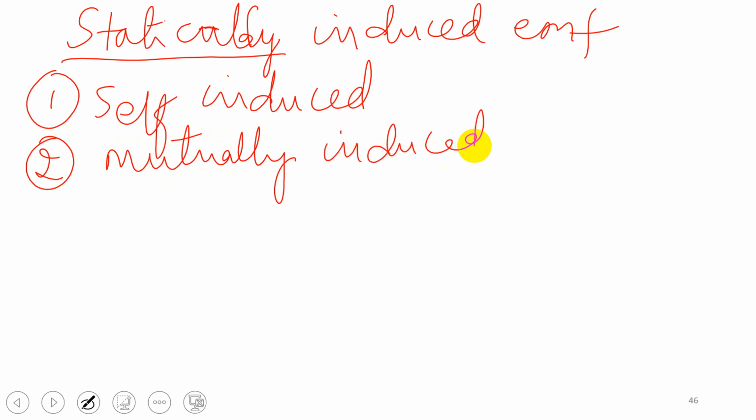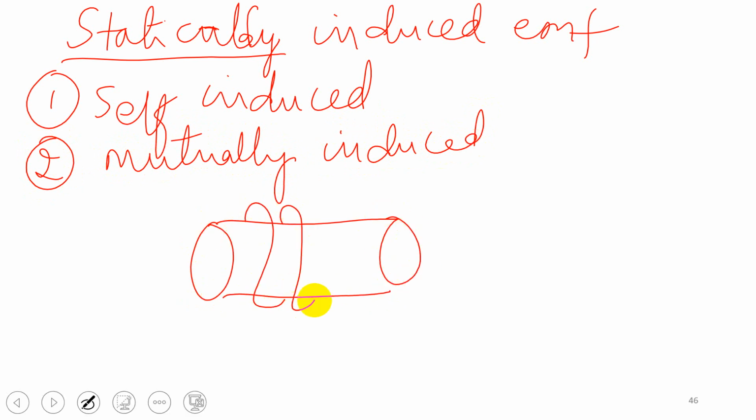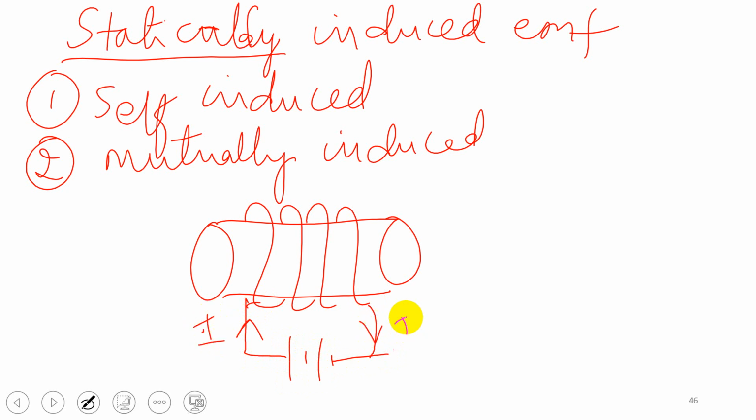Let us take the solenoid, as I said. It has a number of turns, and I give this coil some voltage. As soon as I give the voltage, the current I flows here, negative to positive, and comes back.